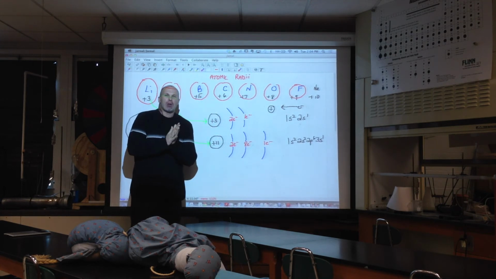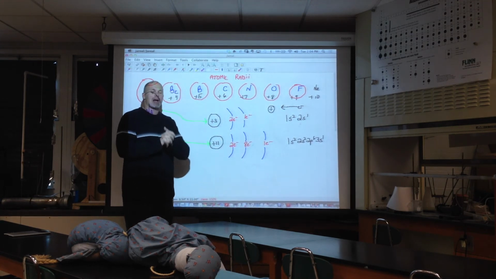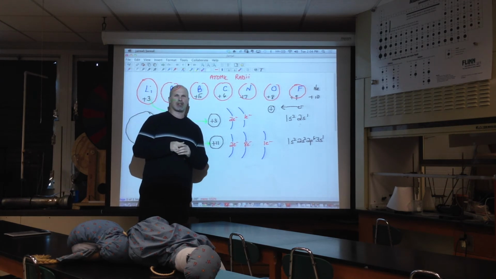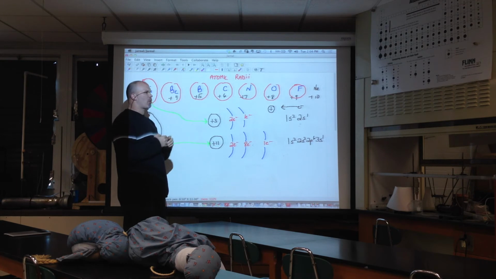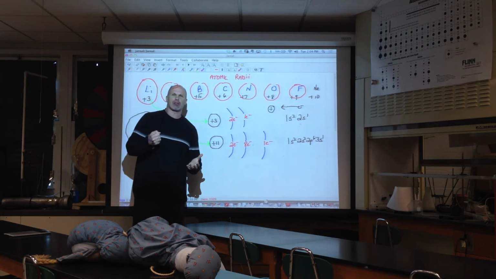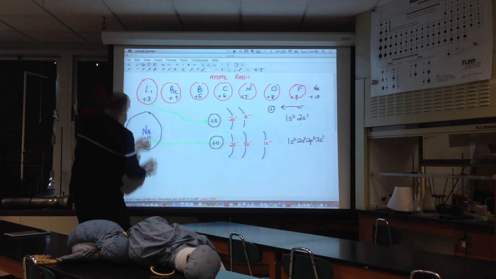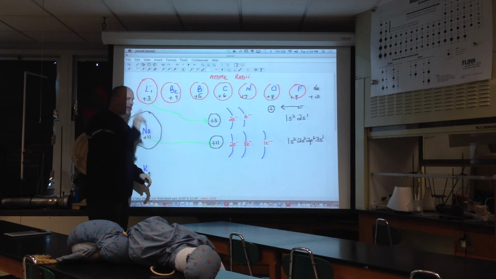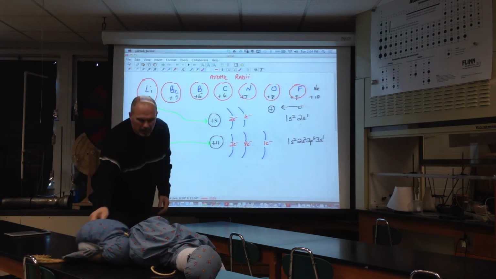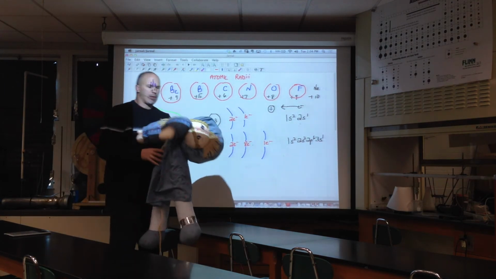Now, the third and final one is ionization energy. Sometimes you'll hear it as first ionization energy. Well, first ionization energy, or ionization energy, is the energy it takes to pull an outermost electron away. Well, these guys here, my friends, have one electron, and they hold on to it loosely. It won't take much energy to pull the electron away.